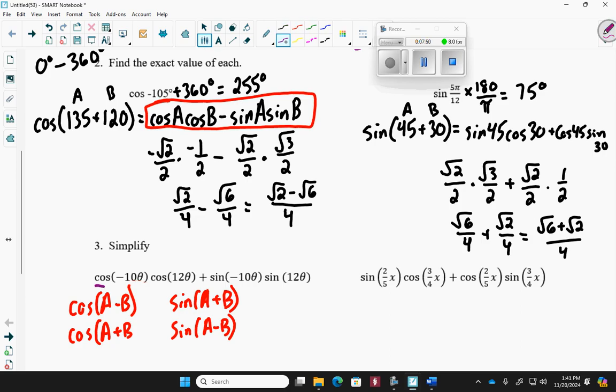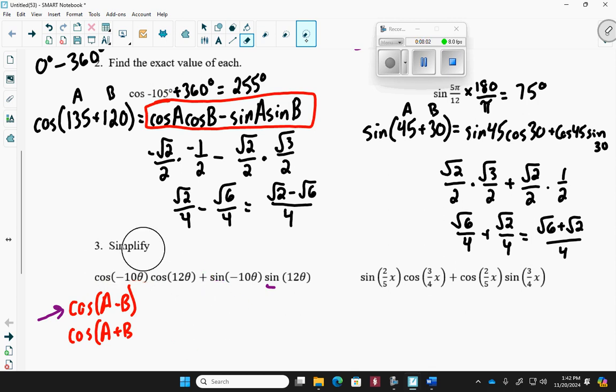So what we have is cosine, cosine, addition, sine, sine. Well, if you have your formula sheet in front of you, that is going to be cosine with a subtraction kicker. All right. So we have negative 10 theta as A, and this is B. So very simply, I'm just going to substitute.